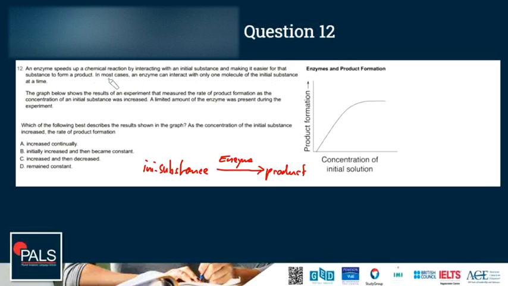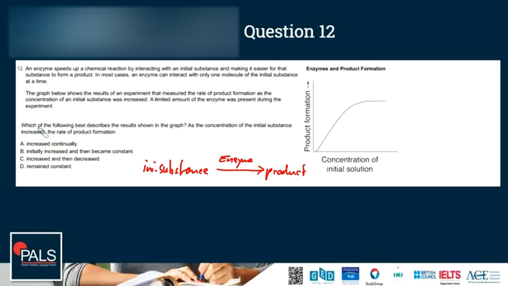It tells us as well that in most cases an enzyme can interact with only one molecule of the initial substance at a time. So if there is an enzyme and we have a substance bonded to it, there is not another substance that can bond to the enzyme at the same time. So an enzyme can only do one substance at a time.